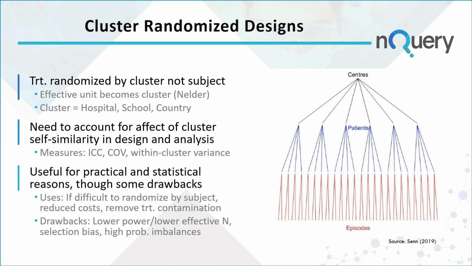But you do this at the cost of really lowering your overall power and effective sample size. And then there's obviously that problem of selection bias and a higher chance of ending up with unbalanced designs or randomization, because you're moving multiple people at the same time rather than each person individually.